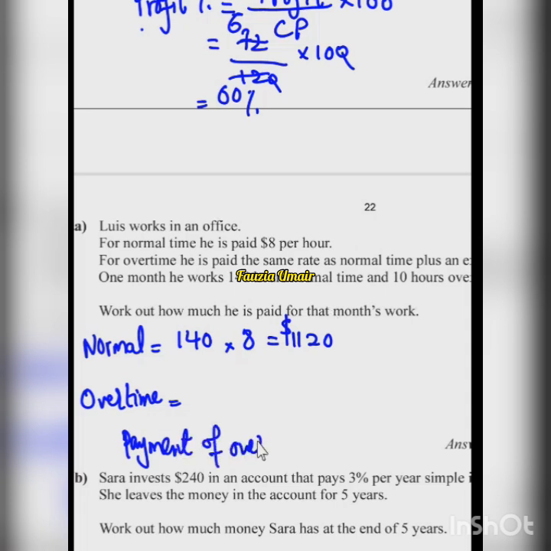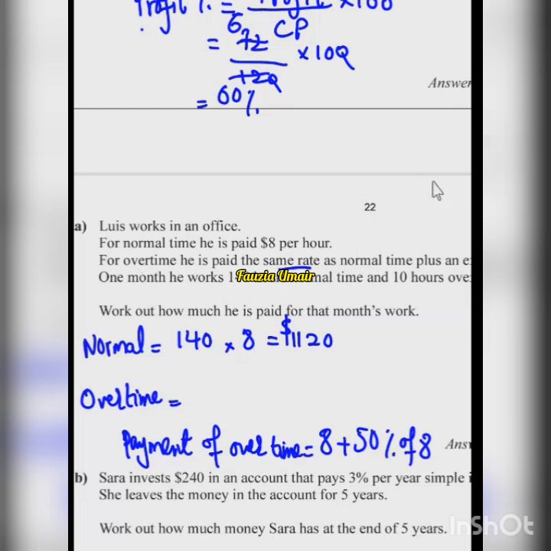Okay, he's getting overtime, he's getting the same rate as the normal payment plus an extra 50%. It means he's getting 8 plus 50% of 8. Is this thing clear? Now look, just look at the statement.